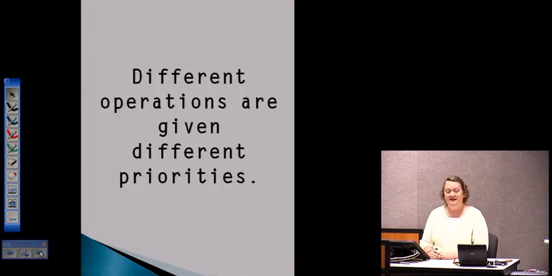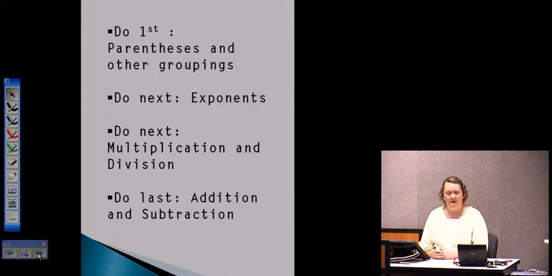So again, different operations are given different priorities. But remember, addition and multiplication are not the only two operations. So let's look at some of the operations and what priorities they are given. What things should we do first? Well, of all the things we should do first, we should do anything that's in parentheses or other groupings.